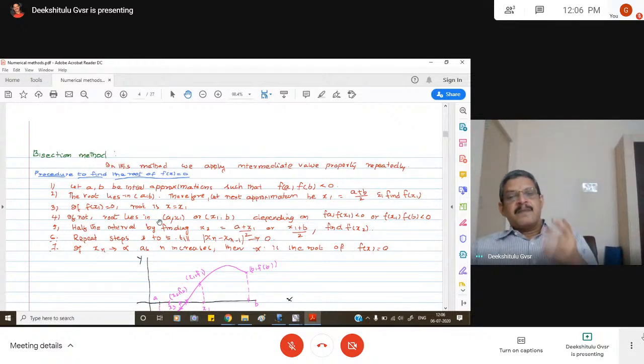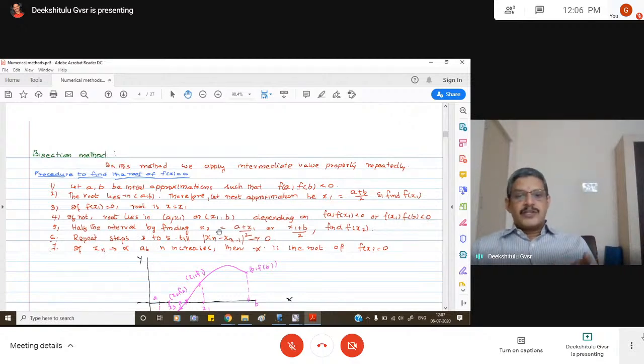That is the backbone, the bottom line of this bisection method. At each and every step, we compare the sign of the function at the new approximation. The root lies between a to x1 or x1 to b, depending on f(a) times f(x1) less than 0 or f(x1) times f(b) less than 0.